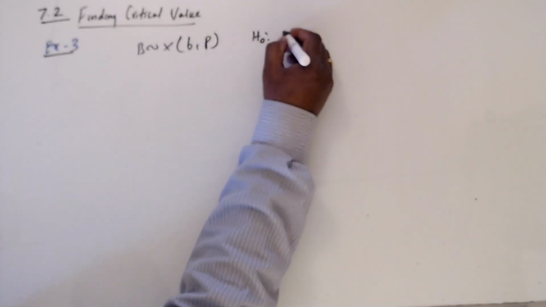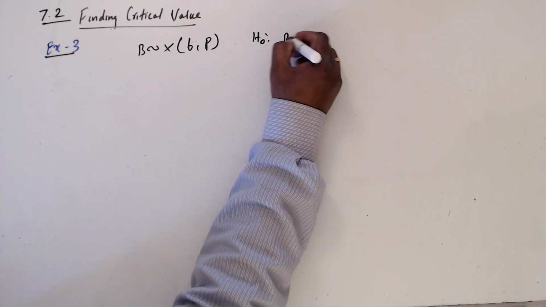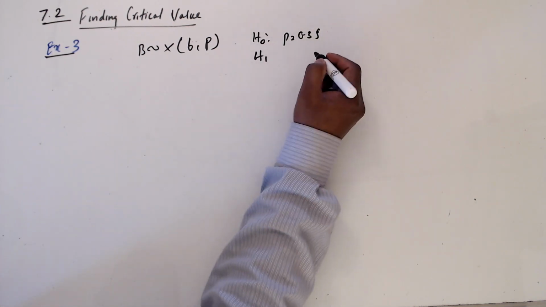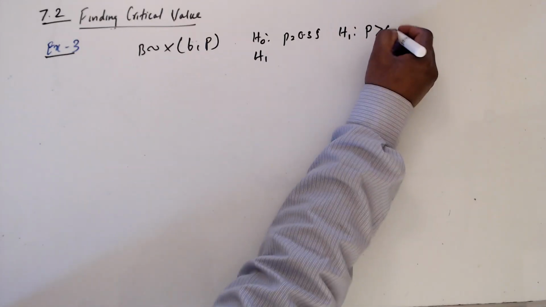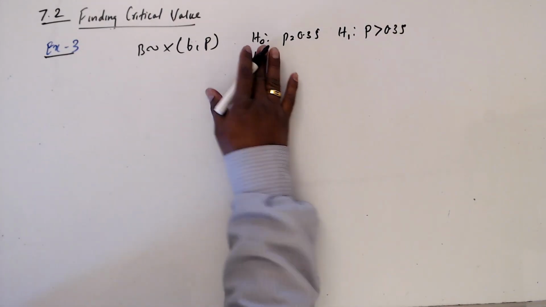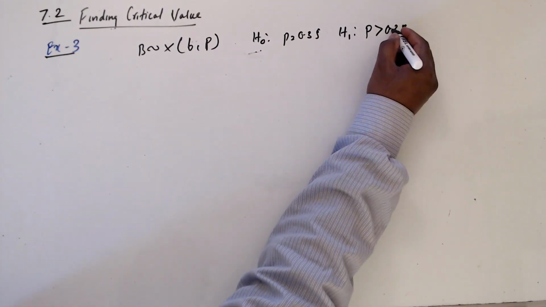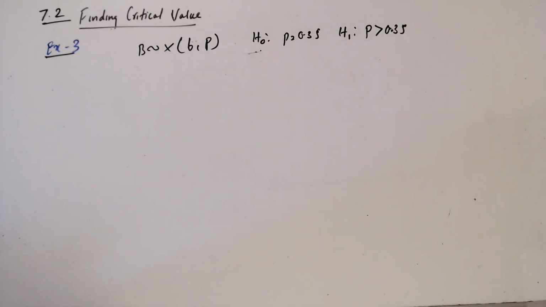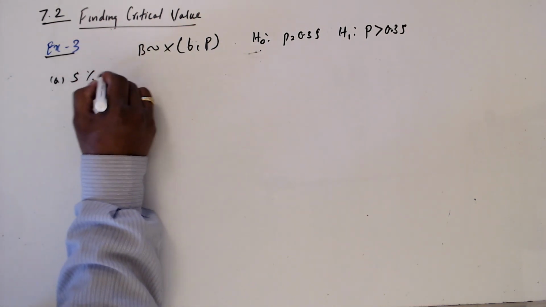H naught is given is p has to be 0.35, and h1 is given p has to be greater than 0.35. So we know that this is going to be a one upper tail test. Using 5% significance level, find the critical region for the test. So this is a 5% significance level.